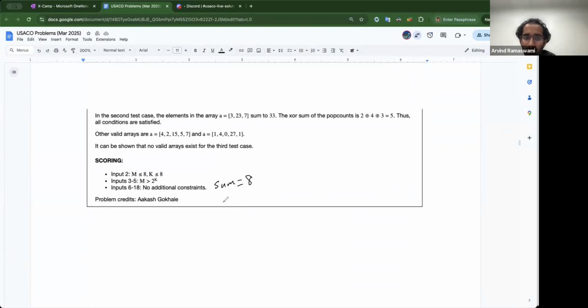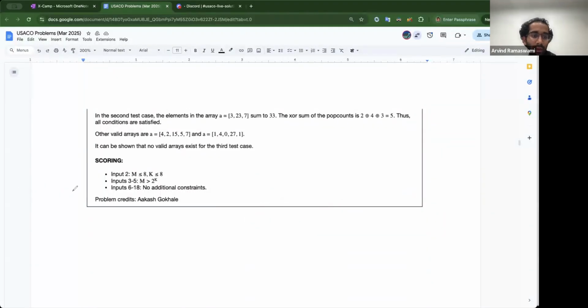Another related way is a DP where one of the states is the sum, and the other state is the XOR of pop counts. This will have size up to 8 by 8, and you can just pre-compute this, and that's more than enough to solve this first subtask.